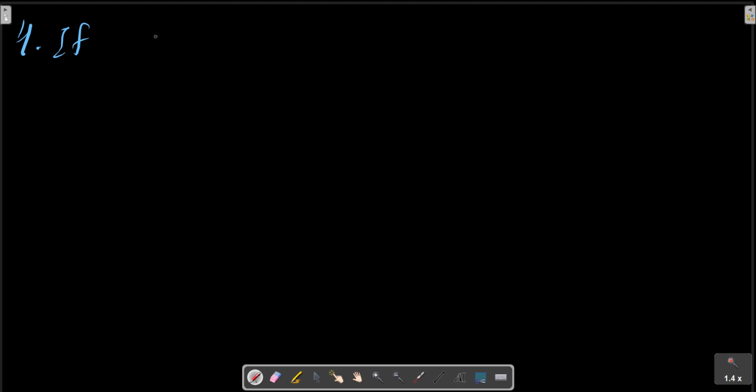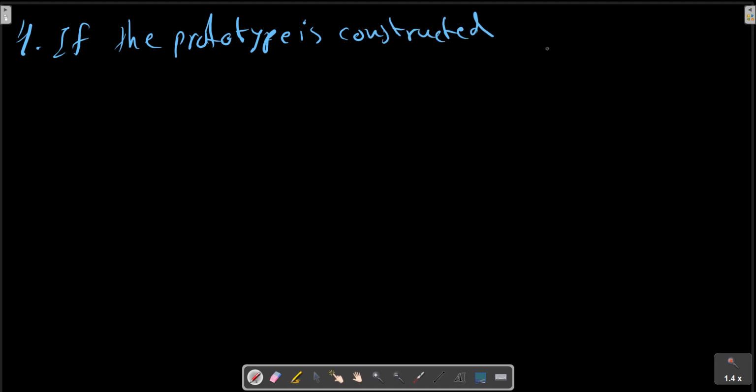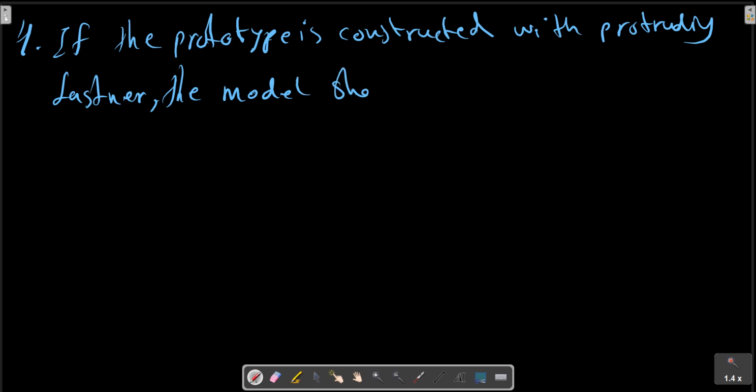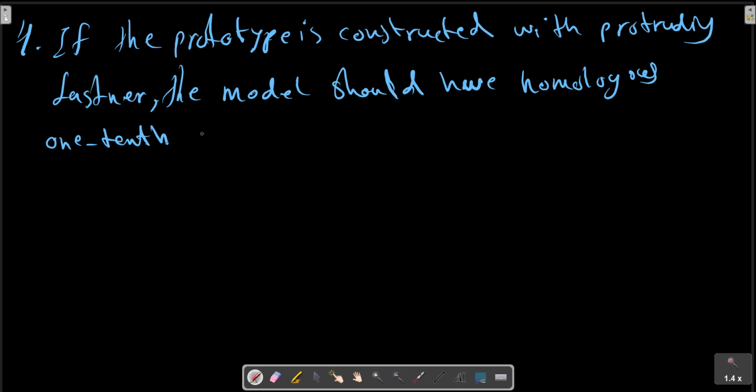If the prototype is constructed with protruding fasteners, the model should have homologous protruding fasteners 1/10 as large.